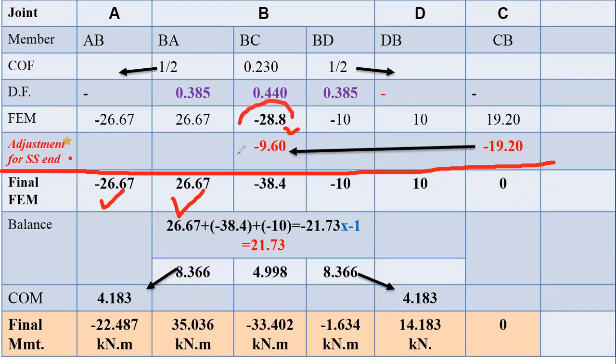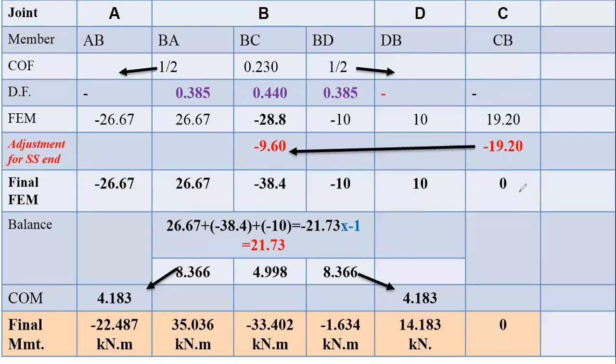If you add these two, we get minus 38.4. That is the fixed end moment for the BC member that you have to consider henceforth. For M bar BD and M bar DB, it will be the same, minus 10 and plus 10. And for C joint, M bar CB will be 0, as support C is simple, the moment should be 0. That's why we have made this adjustment.